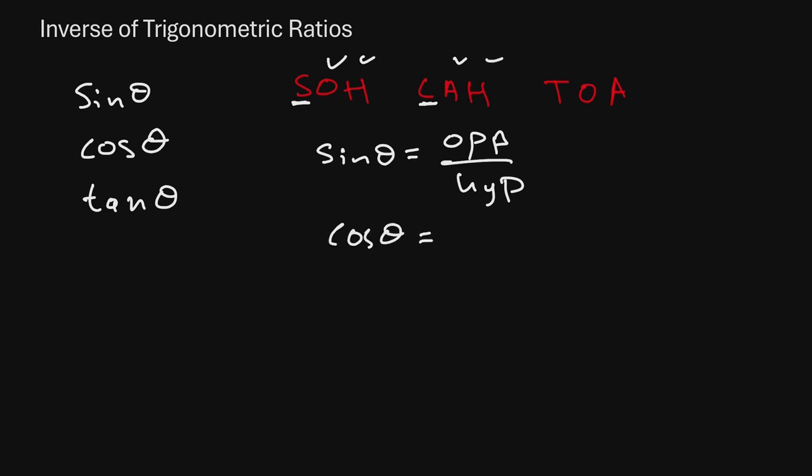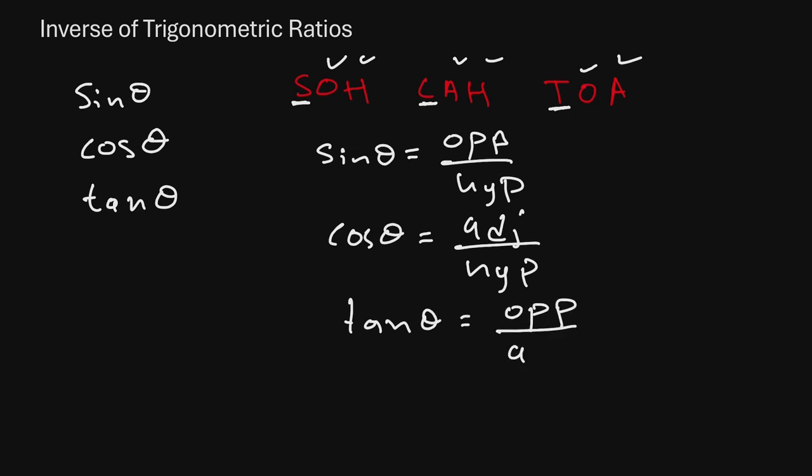Cos theta will be adjacent over hypotenuse. And then if you want tangent, T stands for tangent, and then we have opposite over adjacent. So this is how we find the ratios of the following trig ratios.